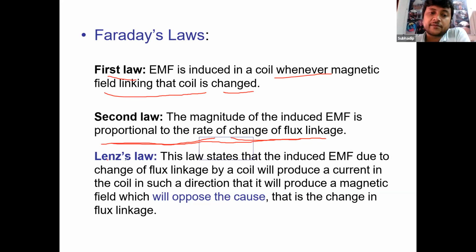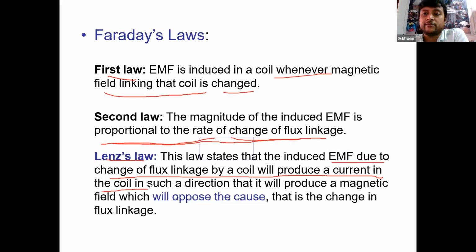Now Lenz's law. This law states that the induced EMF due to change of flux linkage by a coil will produce a current in the coil, provided that the coil consists of a closed circuit. Otherwise, current will not be developed.